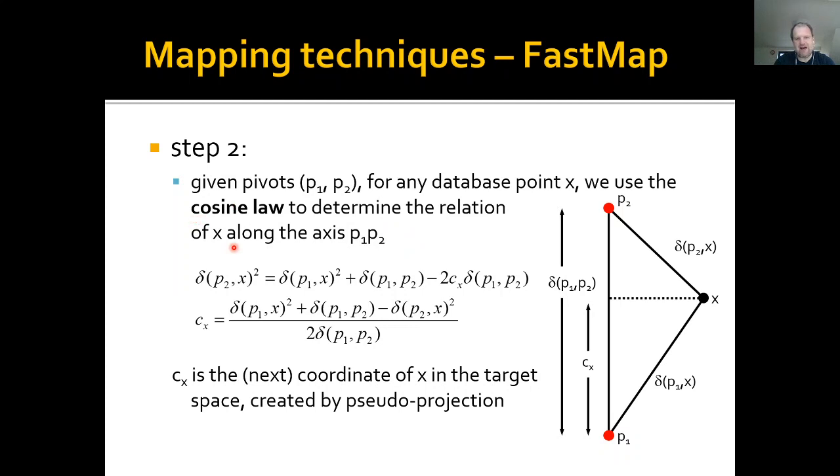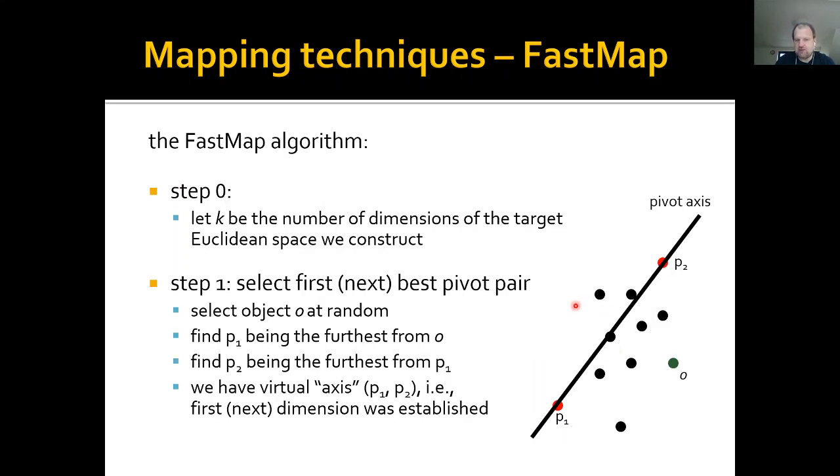So this is the first trick. And now the second trick, because now we need to keep constructing the axes. But if we just return back to step 1 and again select the next best pivot pair for the next dimension, this dimension would not be orthogonal. It would be, for example, this and this, P1 and P2 here, and it would be like this, and this is not orthogonal to the original axis.